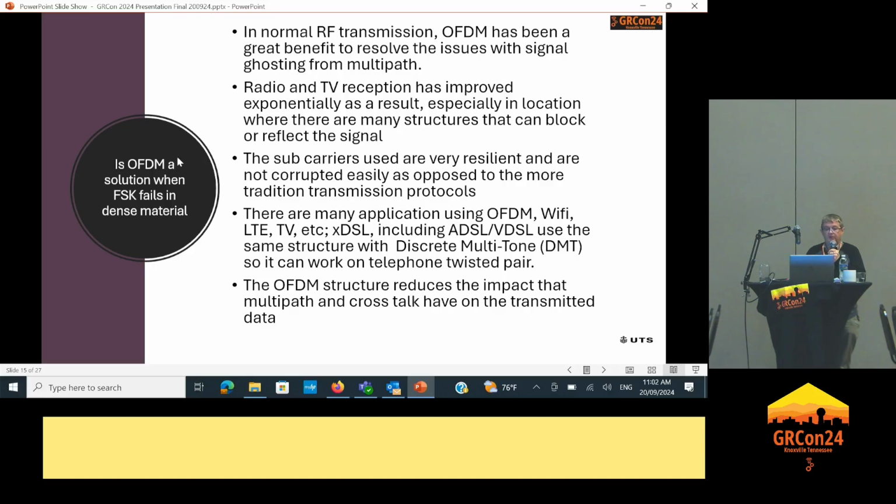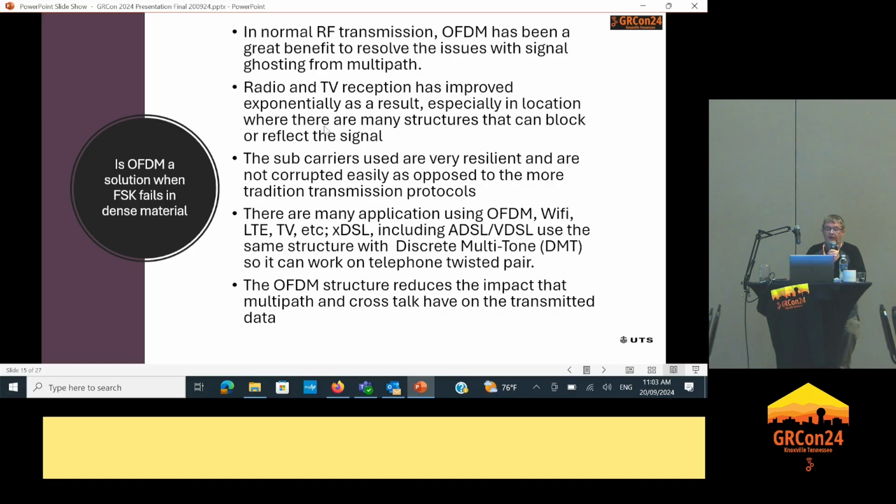So you're working within a very small bandwidth, and with OFDM you need to have spectrum for it to work, and I only had a little bit of spectrum.